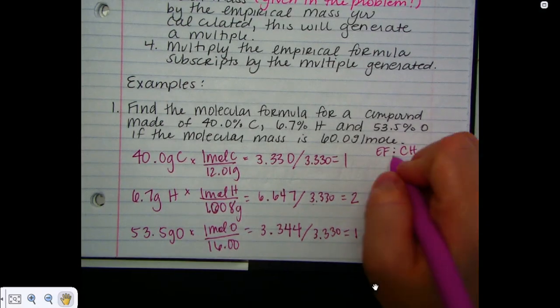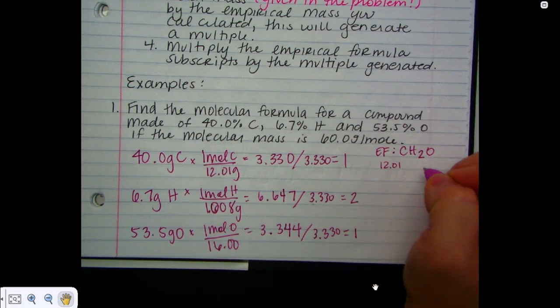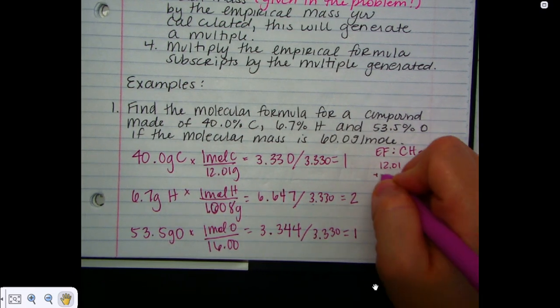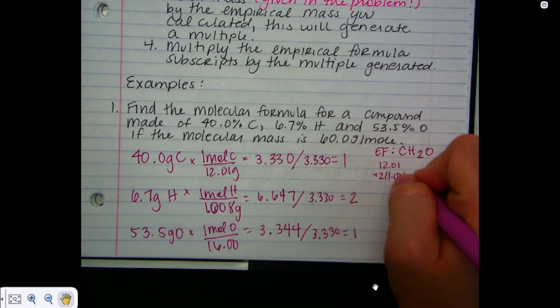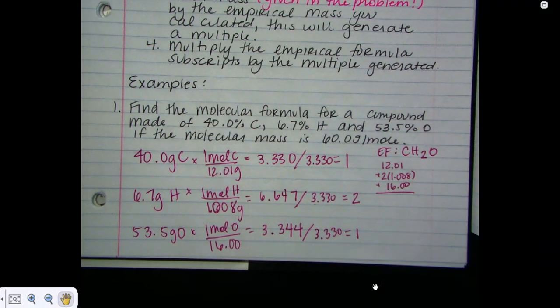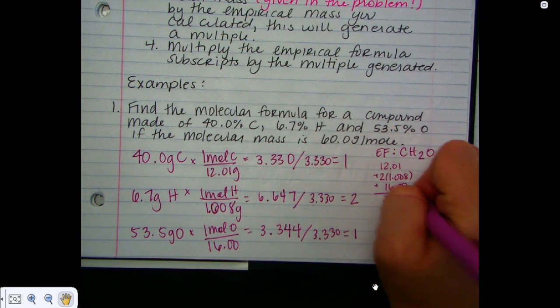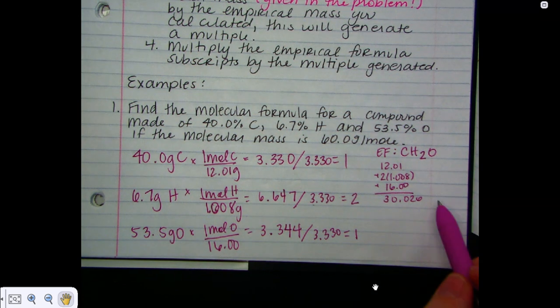So I'm going to add up the molar mass of this compound: 12.01 plus 2 times 1.008 plus 16.00. So 12.01 plus 2.016 plus 16.00 is 30.026. This is my empirical mass.